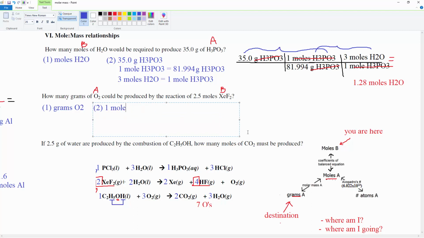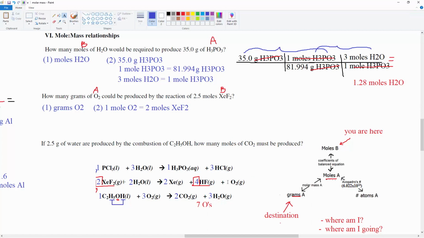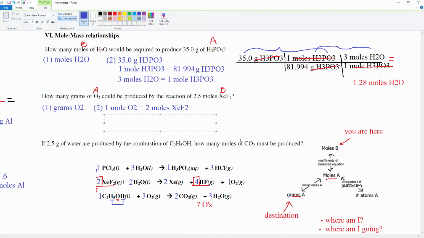We've got 1 mole of oxygen in every 2 moles of XeF2. That's just from the coefficients of this balanced equation. There's an invisible 1 here, and there's a 2 in front of the XeF2. We were also given that we've got 2.5 moles XeF2.